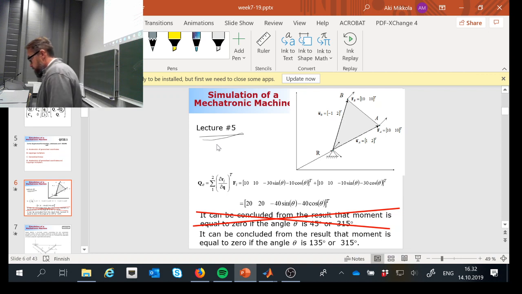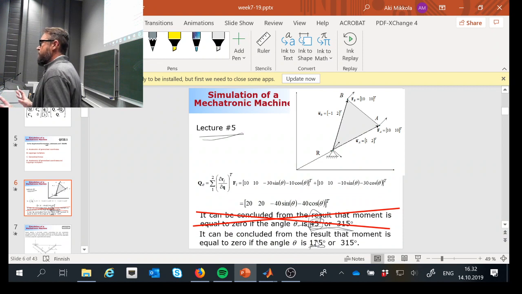It was mentioned that the moment becomes 0 when the angle is 45 degrees or 315 degrees. One of these numbers is not correct, and the one that is not correct is 45 degrees, because obviously it's supposed to be 135 degrees. You may be a little bit confused, like, really?